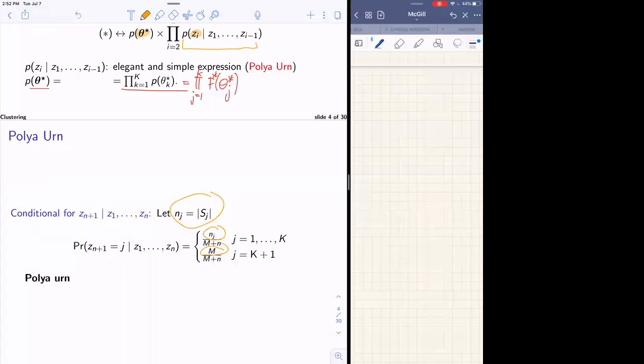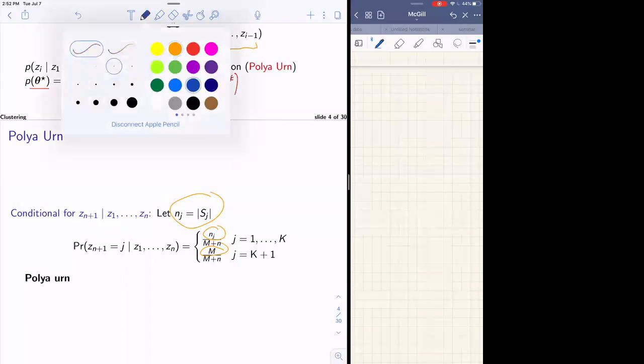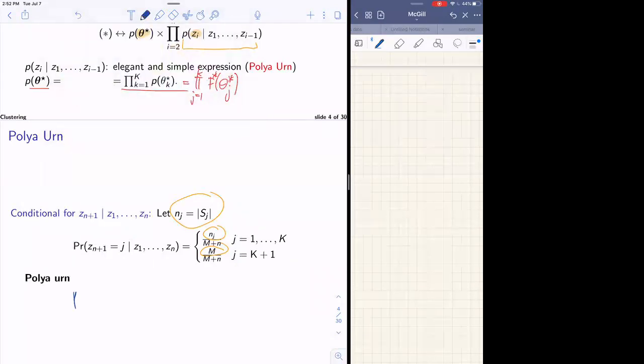There is one more thing I should tell you. Here I told you that only as the conditional distribution of the next one given the previous ones. I claim that exactly the same form is true for any one of them given the others.